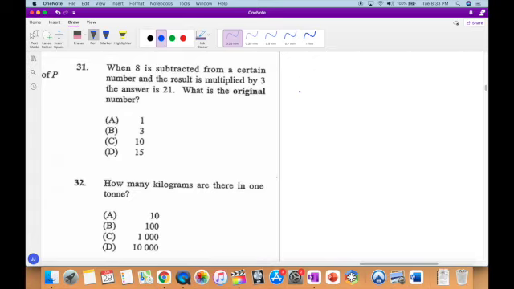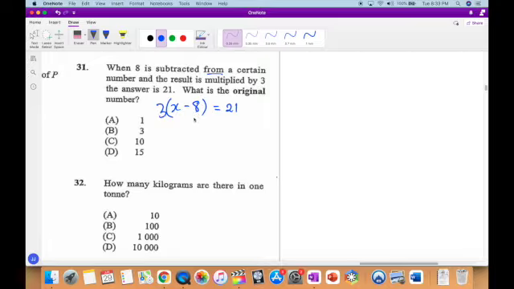When 8 is subtracted from a certain number and the result is multiplied by 3, the answer is 21. So 8 is subtracted from a certain number. The result is multiplied by 3, and the answer is 21. Right? And oops, I wrote this wrong because they say 8 is subtracted from.